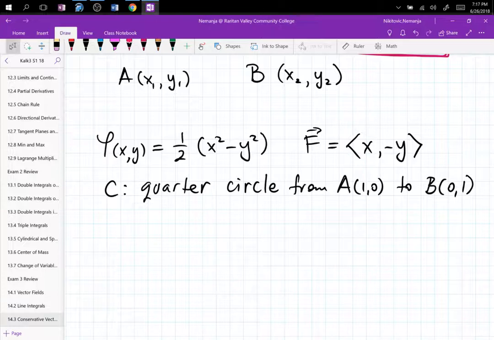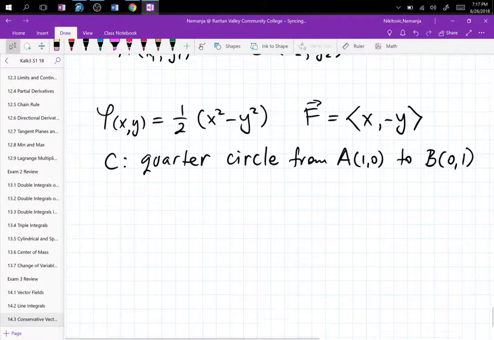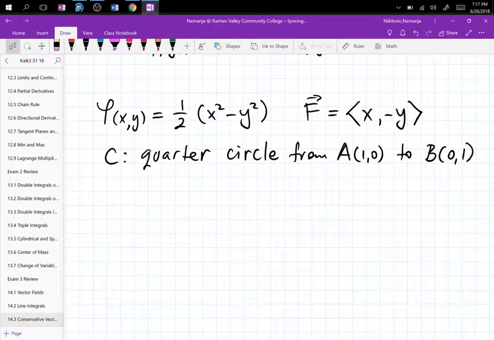If you are going to do 14.2 on this question, you will just do F dot r prime. Since this is a unit circle, you need to know that it's parametrized cosine first and then sine, because it goes from (1, 0) to (0, 1).